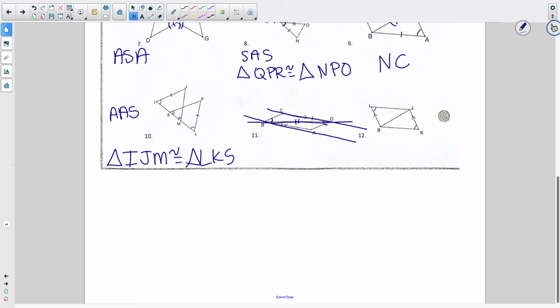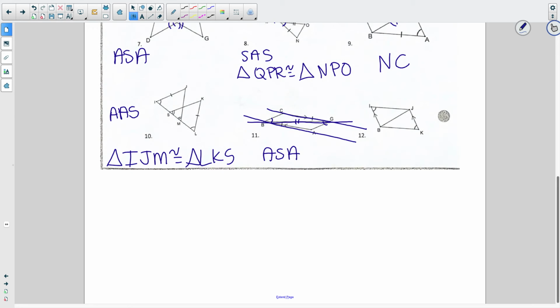So if you mark it the way I did, it's going to be angle, side, angle. But technically you could have done the opposite sides, and so it would have been angle, angle, side. So angle, side, angle, or angle, angle, side would have worked on this one.